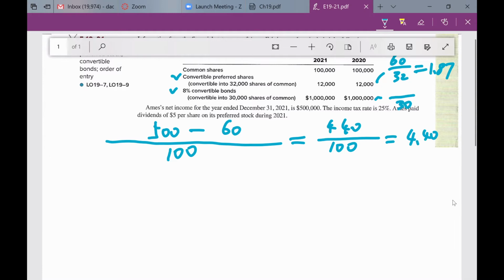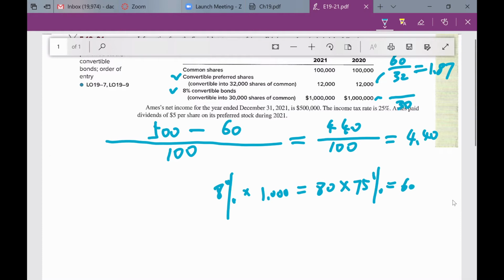The interest expense is 8% times 1 million. Let's do everything in thousands, so that gives us 80. Then you times the tax rate, which is 25%, so you times 75%, so this is net of tax. That's how we get 60.